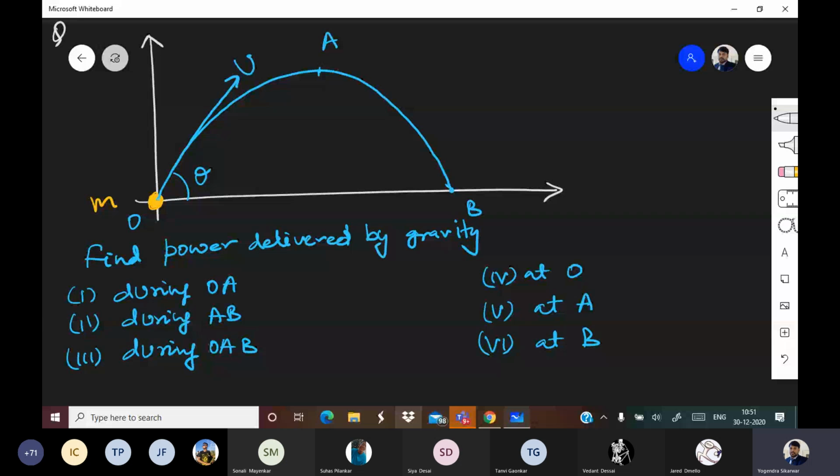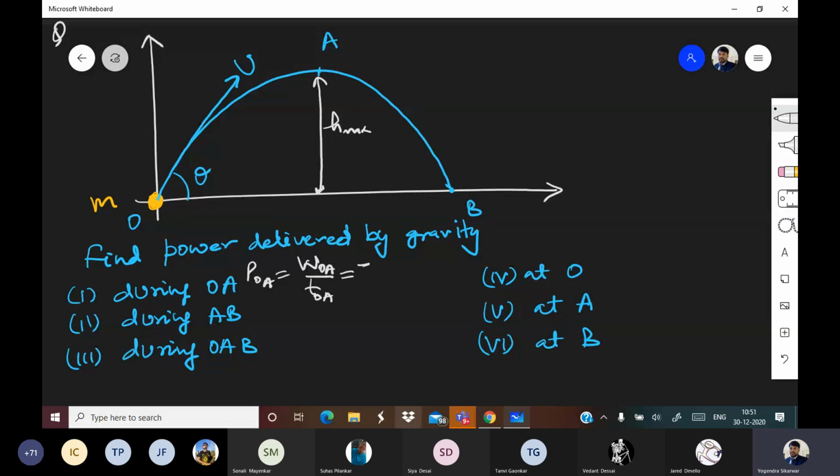Okay, so during OA, pay attention. So work done by gravity. So POA is equal to WOA upon TOA. So how much is WOA? This is the height, which is H max. So that will be minus sign first of all. Why minus?